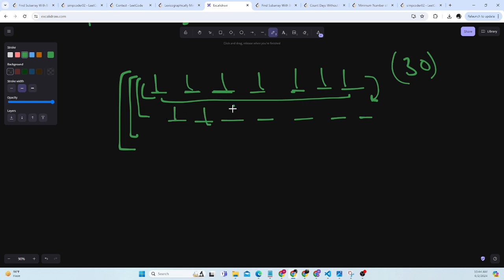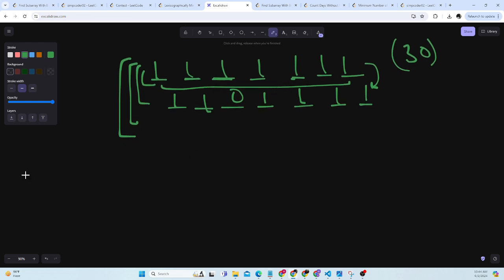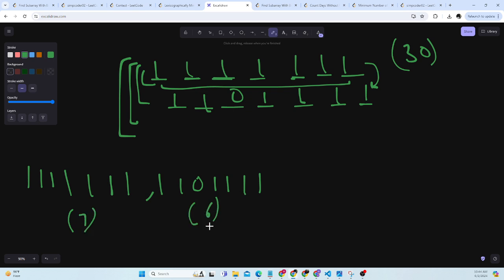Let's say they differed at this bit, so our bitwise AND, initially it was this. Now this will become 0, 1, and now this will become 1, 1, 0, 1, 1, 1. So the number of bits decreased from 7 to 6. So the number of set bits decreases by at least 1.